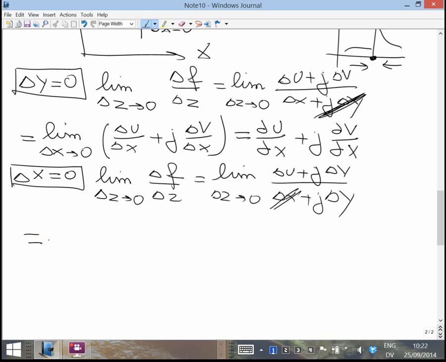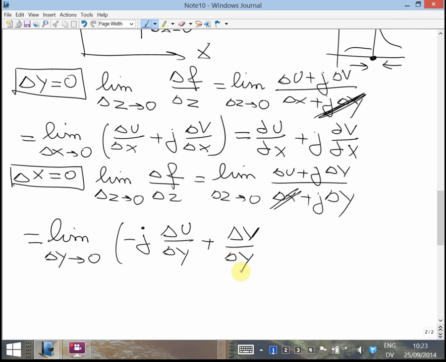And then we get the situation where we now consider the limit of delta y going towards 0 of, what do we have left? Well, we divide by j, so minus j du/dy plus dv/dy. So this is a case where I have to be really careful with my handwriting and distinguishing u's from v's. So I'm doing my very best here. And if we now simplify this, we end up with partial derivatives.